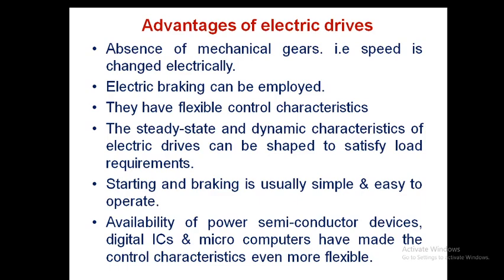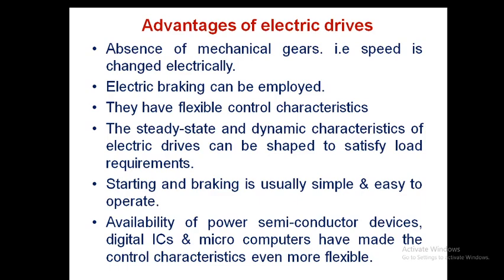The next one is that the steady state and dynamic characteristics of electric drives can be shaped to satisfy load requirements. Loads here may be fans, pumps, washing machines or air conditioners. To satisfy the load, what is the requirement? Speed-torque characteristics.